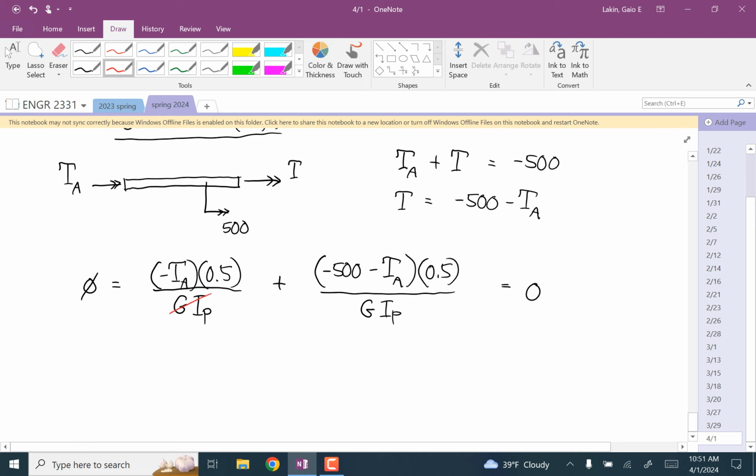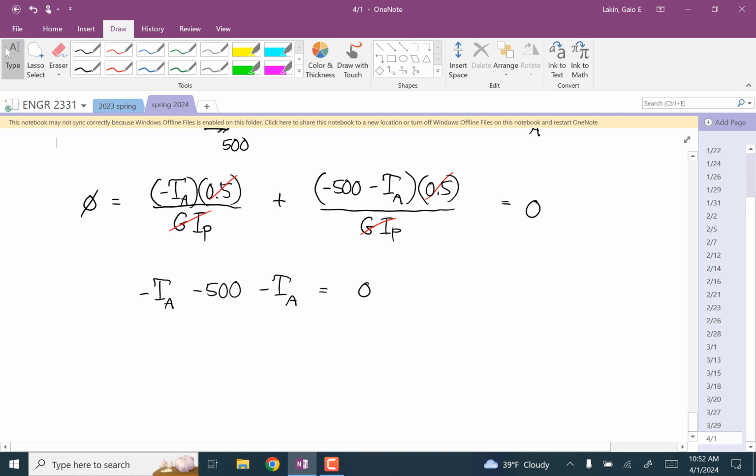Now we can cancel that stuff, and we get that negative TA minus 500 minus TA is equal to 0. And so TA is equal to negative 250.